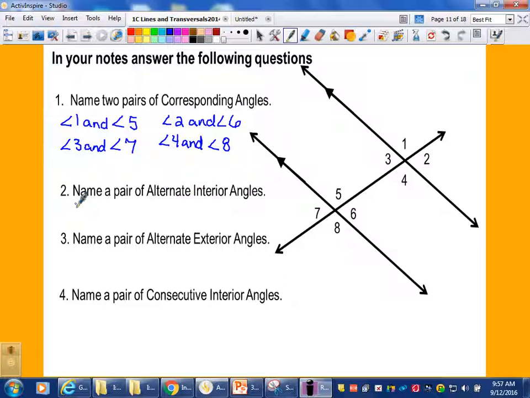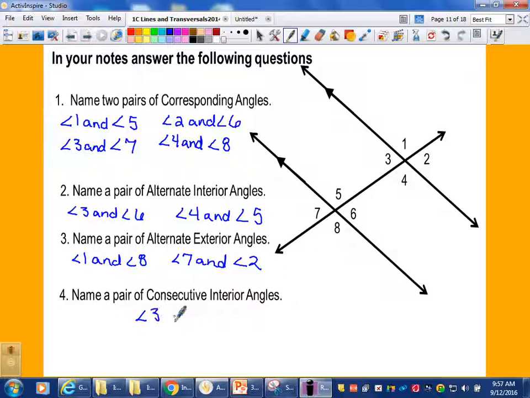Alternate interior angles, I would have angle 3 and angle 6, and angle 4 and angle 5. Alternate exterior, angle 1 and angle 8, angle 7 and angle 2. For consecutive interior angles, you would have angle 3 and angle 5, and angle 4 and angle 6.